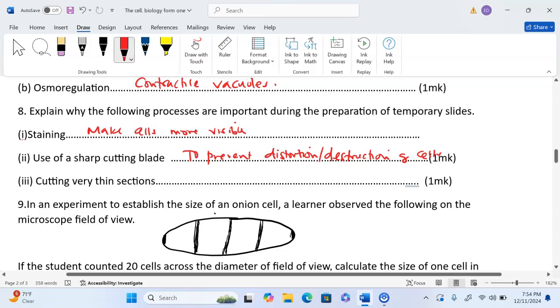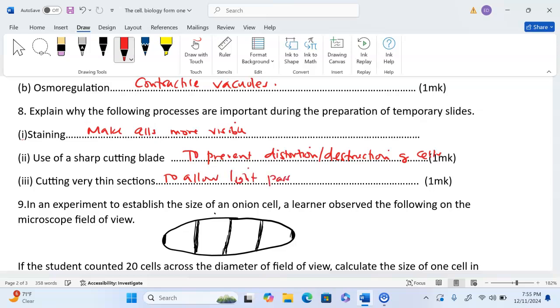Cutting very thin sections. This is to allow light to pass through for easy viewing.